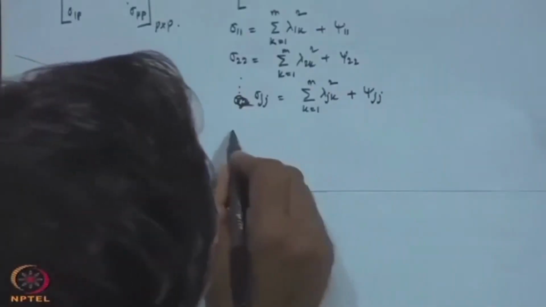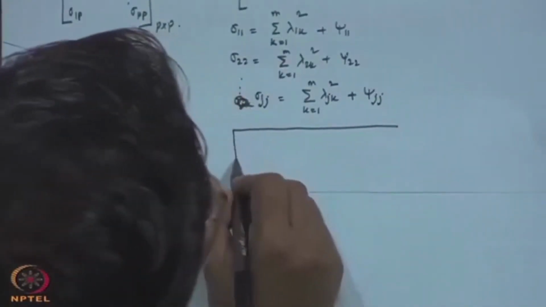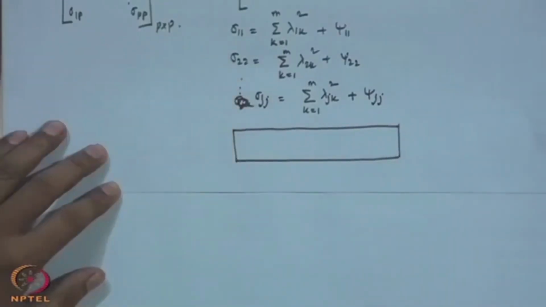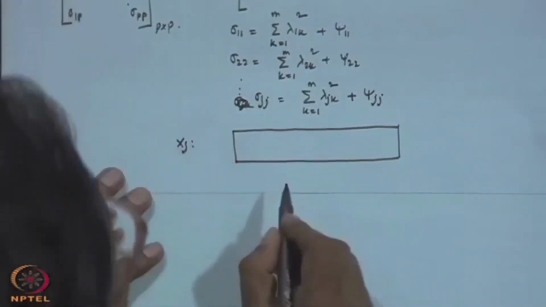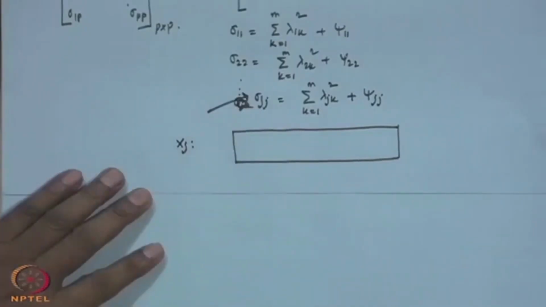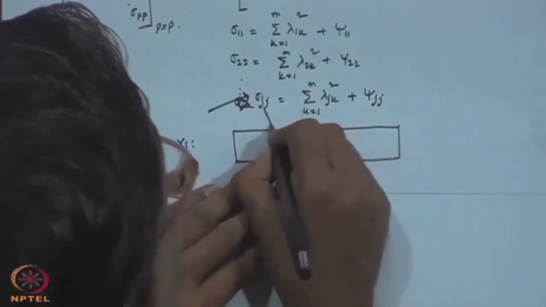Then actually what is this? Now try to understand the variability part. Our variable is xj. The corresponding variable xj has sigma jj, which is the total variability.